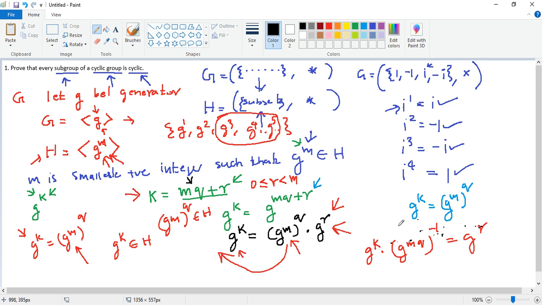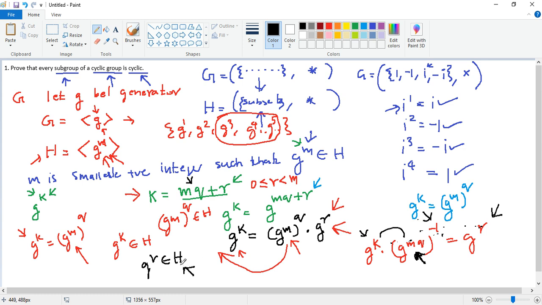Now we know that g raised to mq is in H, so its inverse should also be in H because that's a property of the group. Now g raised to k is in H, this is in H, so the product should again be in H because it has to satisfy the closure property of the group. Which is equal to g to the power r, which means g to the power r is also in H, right?